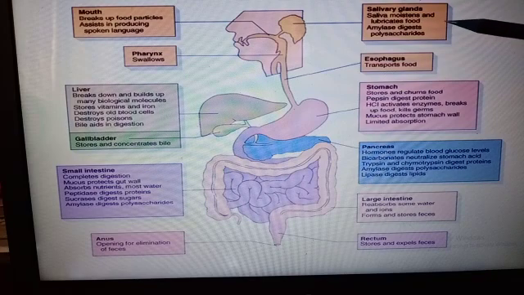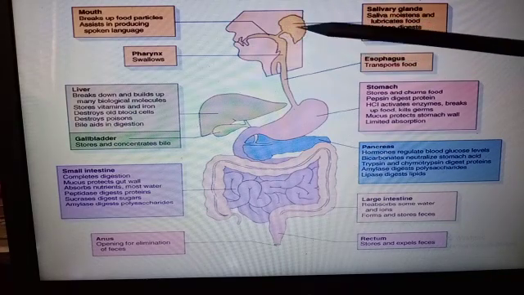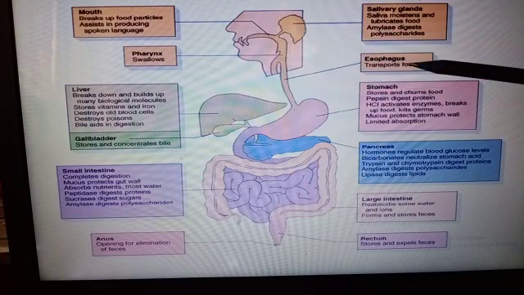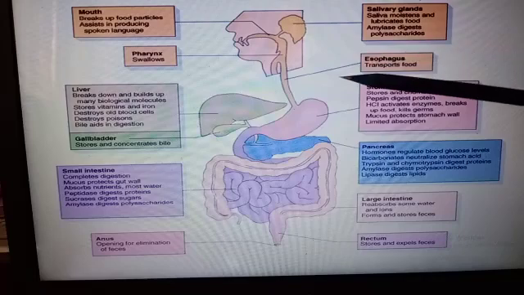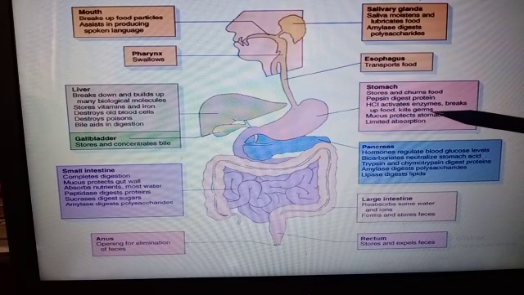And the moment the food has become a bolus after chewing, it passes through the esophagus through a peristaltic movement.